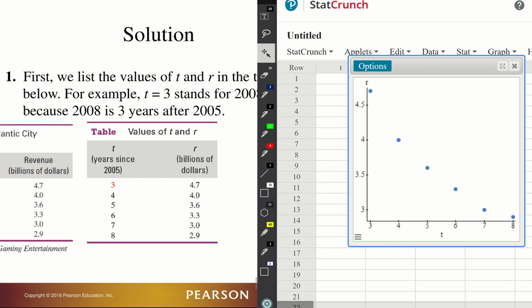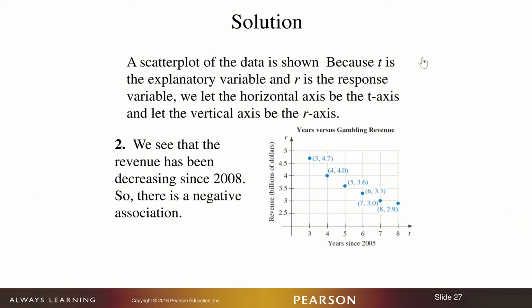So very easy using technology. All right, so again, if we take a look here, it does look like the two variables are associated, and here we would say there's a negative association, because notice as the explanatory variable increases, the response variable decreases in value.